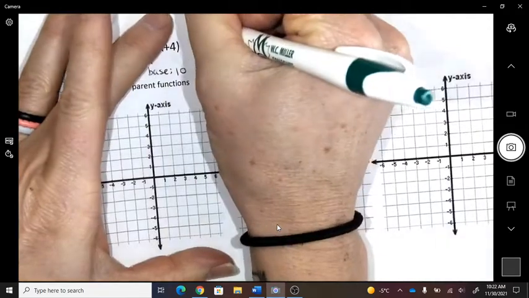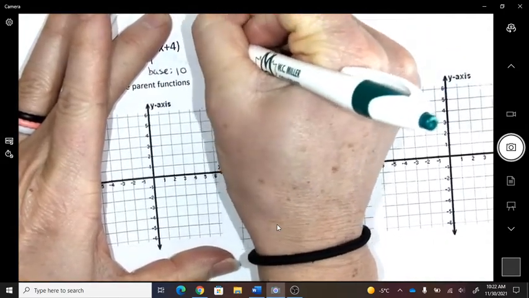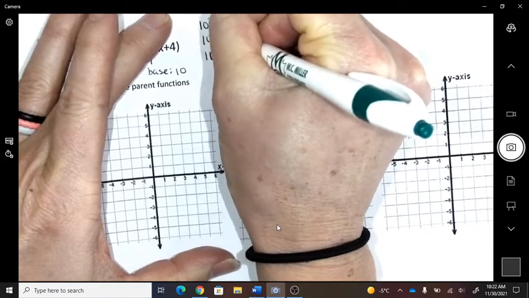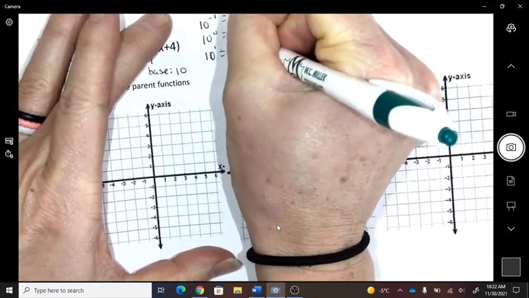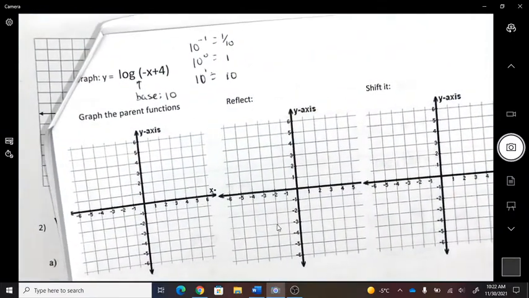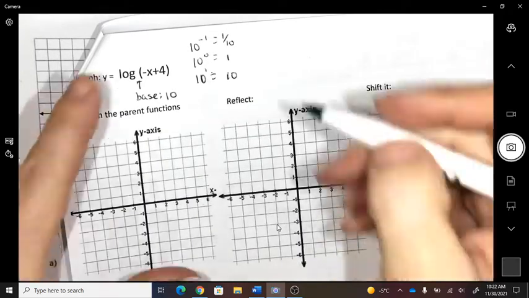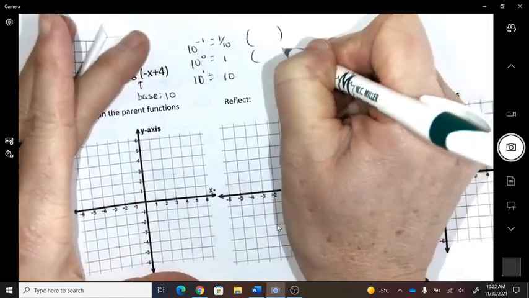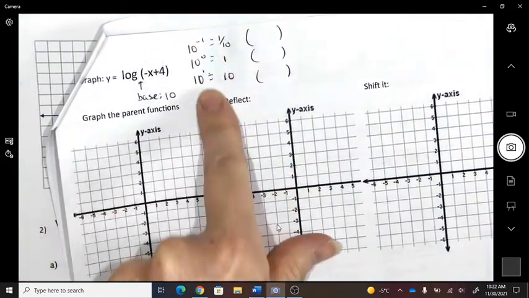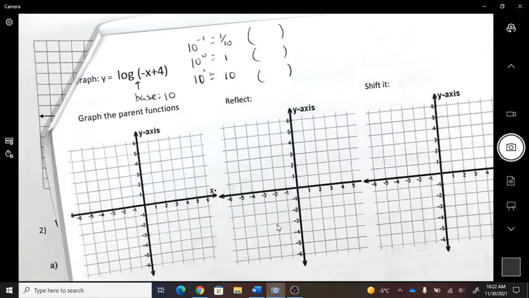Okay, so some original points. I'm going to do those 3, usually no matter what. That's kind of my basis. So this is a log. You do this for exponents and logs, but your coordinates are going to be flipped of each other.